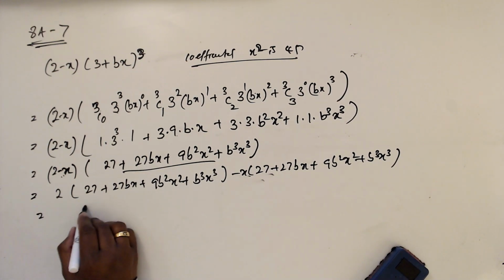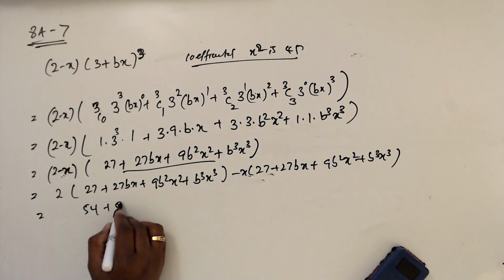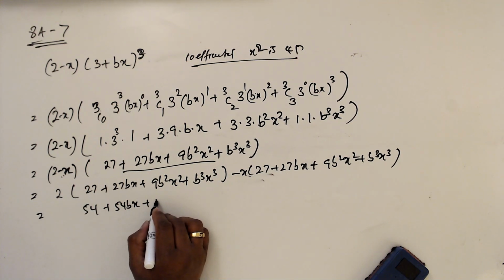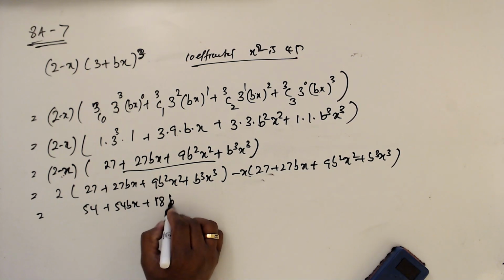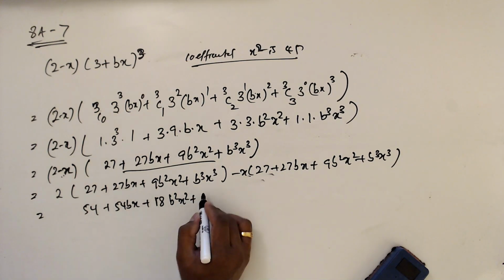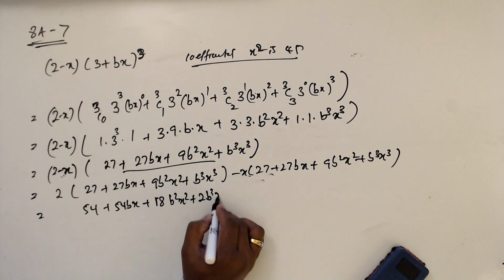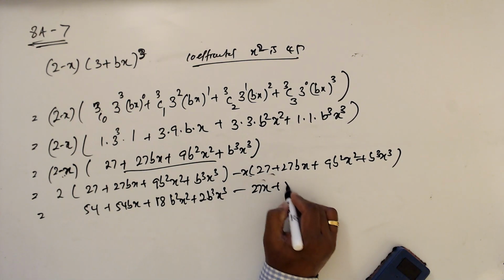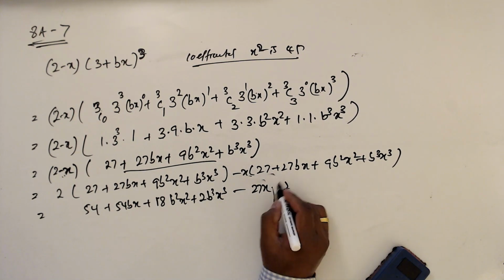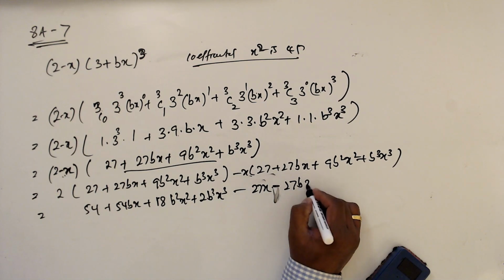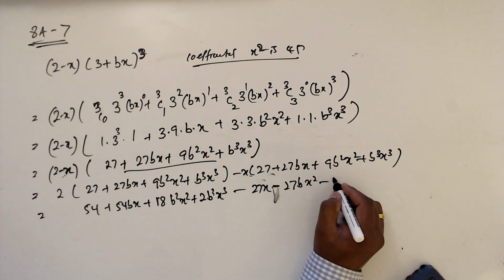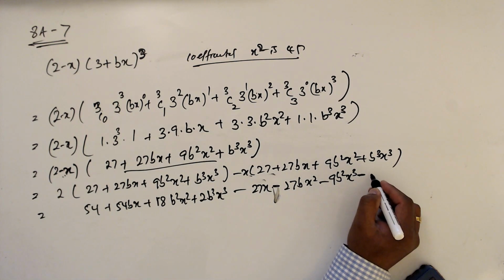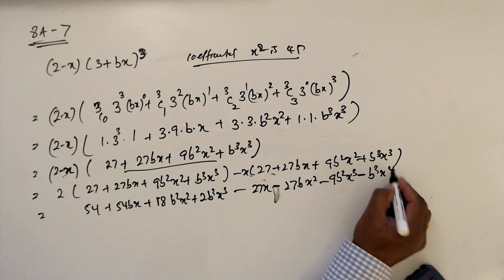Now this is going to be 54 plus 54bx, 18b square x square, 2b cube x cube. This is minus 27x, minus 27bx square, minus 9b square x cube, minus b cube x4.